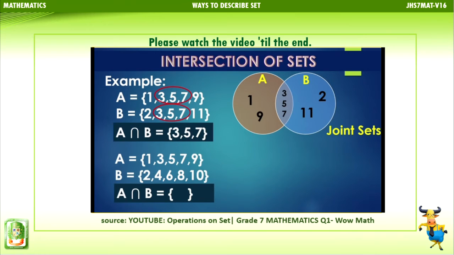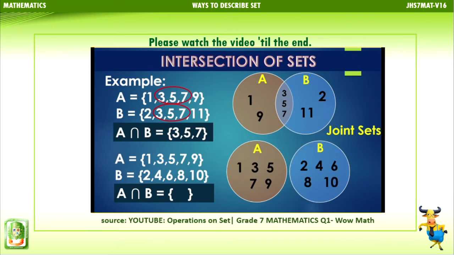Since wala silang common elements, this is an empty set. Now, how will you show it using Venn diagram? So, hindi sila magkadikit. Since wala silang common elements, hindi natin sila pagdidikitin. Okay? And this is also an example of disjoint sets.